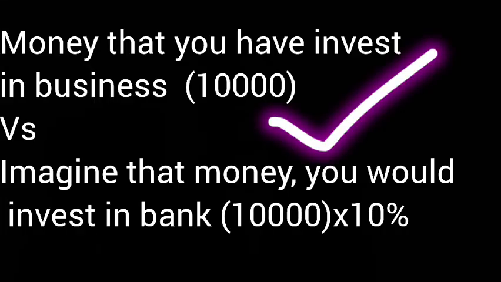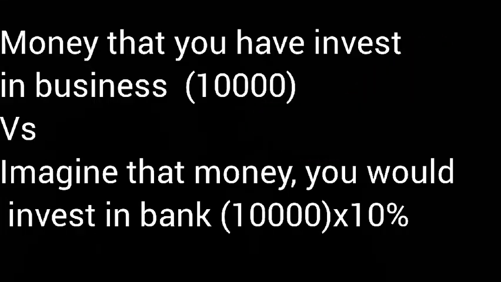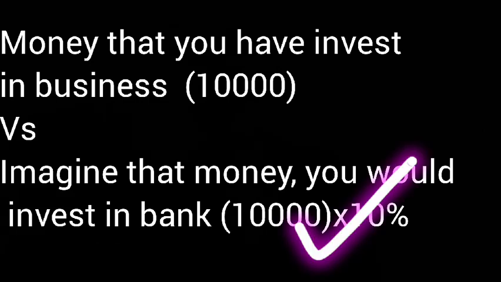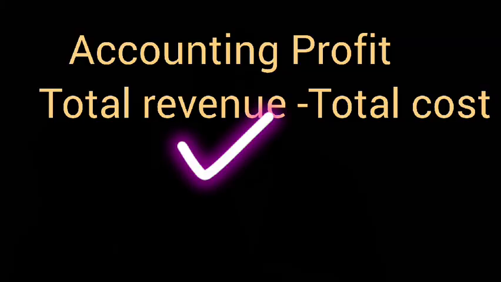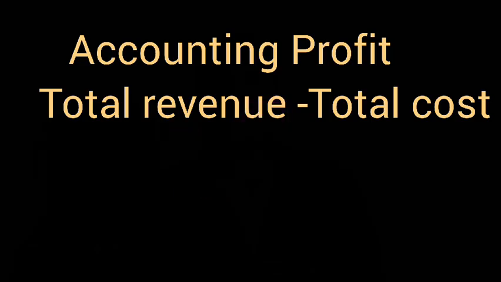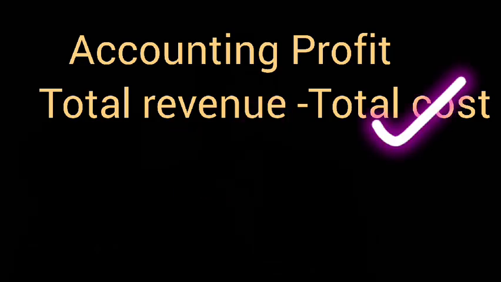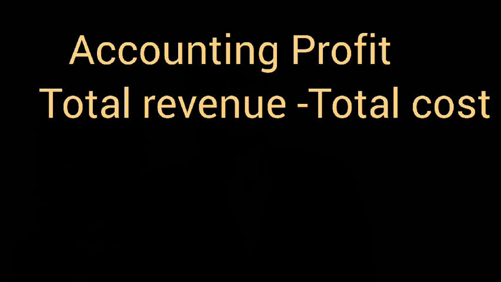But for supernormal profit or economic profit, you need to compare. That capital you have invested in the business, maybe you could have invested in the bank, what will happen? So supernormal profit is found by taking total revenue that you have got minus total expenses from your business, and you get accounting profit, or profit of the organization.